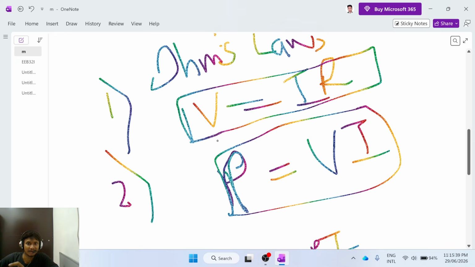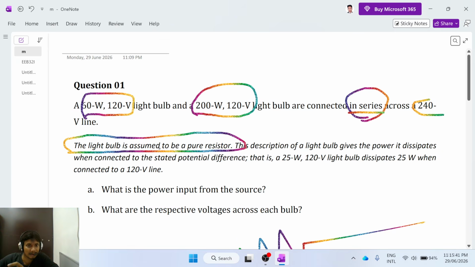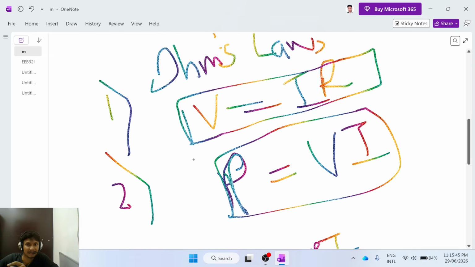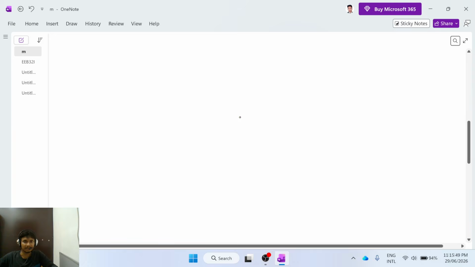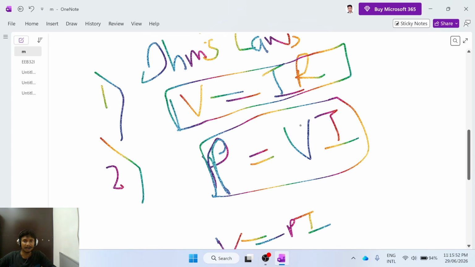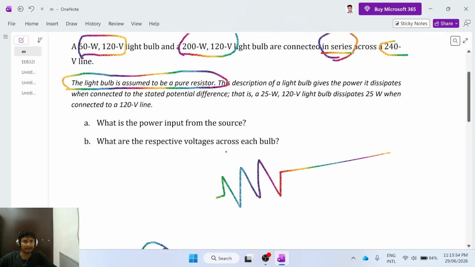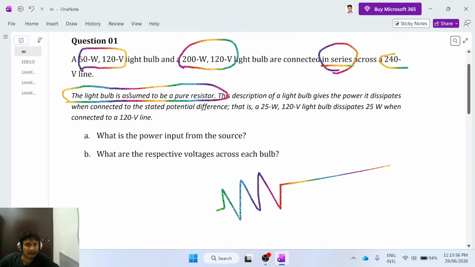Okay, therefore, according to this statement, the light bulb is assumed to be a pure resistor. We can use these two equations here very quickly. One is Ohm's law, V is equal to IR, then P is equal to VI. Now this description of a light bulb gives the power it dissipates when connected to the stated potential difference.